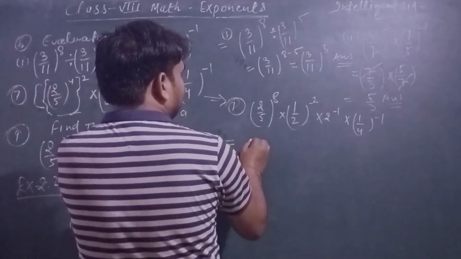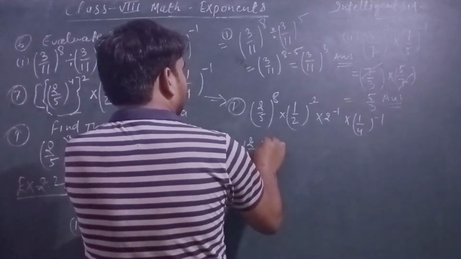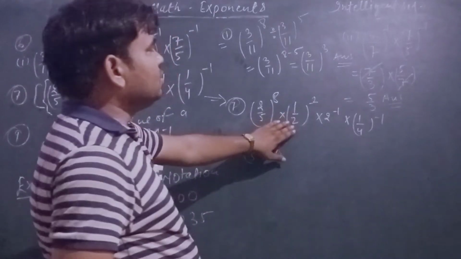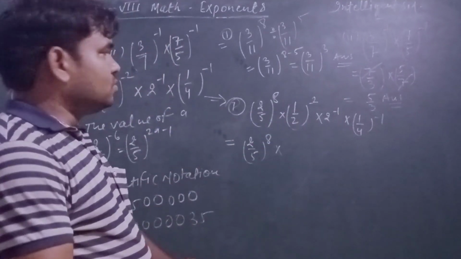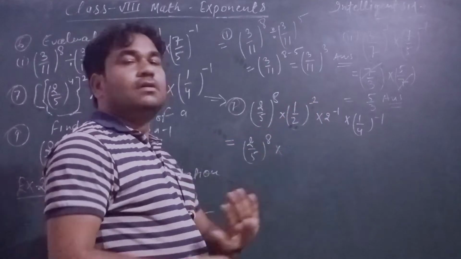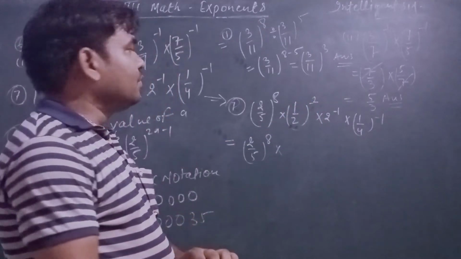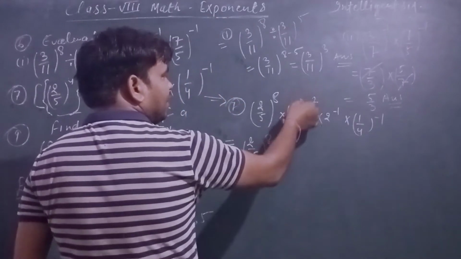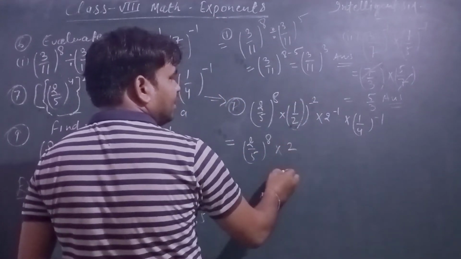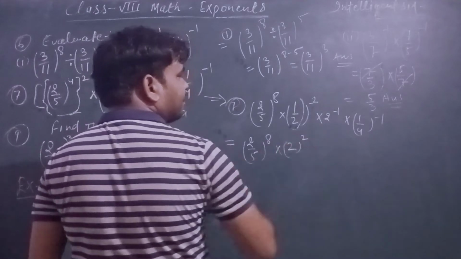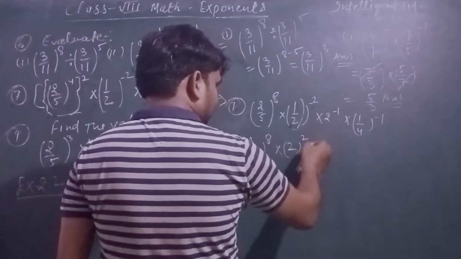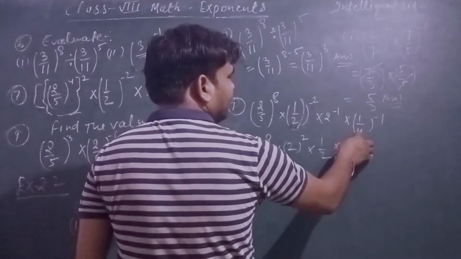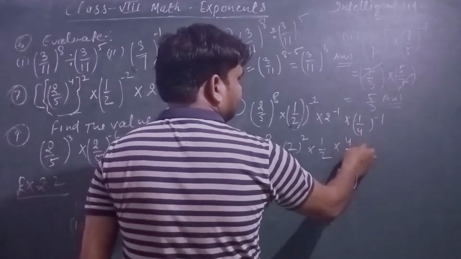So students, you see (2/5)^8 multiplied. I have told you about negative numbers: when the power is negative, you can write it with the base changed. So here you see 2^2, and here 1/2, and here 4.